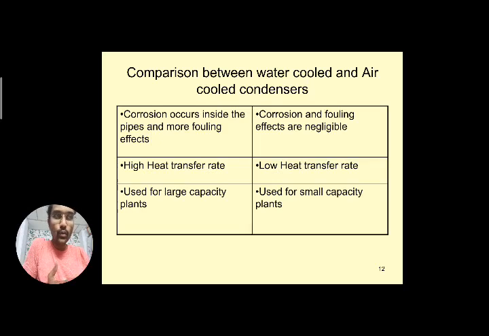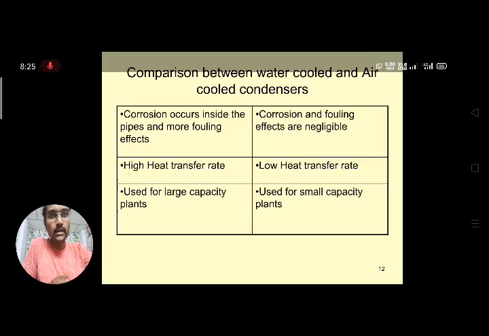As the volume of air required is more, it doesn't suit larger capacity plants, whereas water, whose density compared to air is higher, makes more contact, and it is required for larger capacity plants.